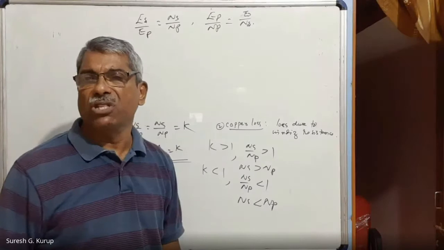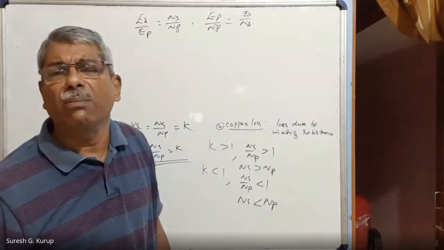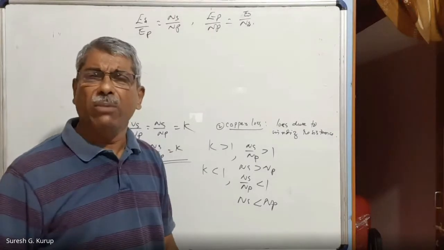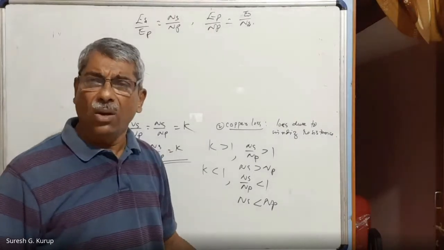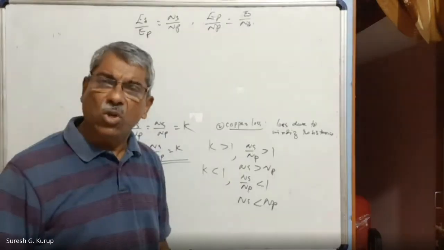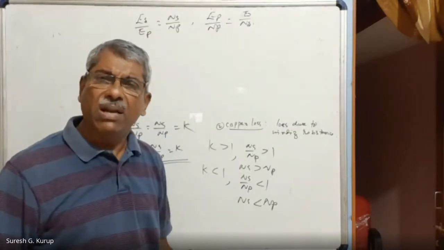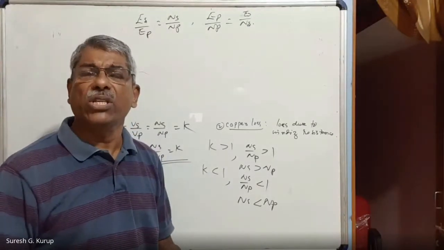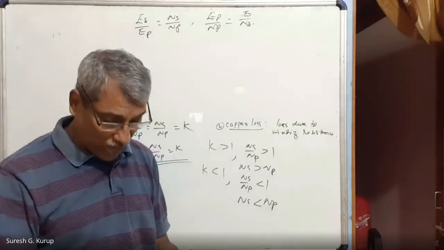Therefore, efficiency is more or less equal to 100%. Flux leakage is zero, copper loss is very minimum, eddy current loss is very less, and hysteresis loss also minimized, right? All these things are minimized. Therefore, the loss is very, very less. Therefore, efficiency is very, very high.